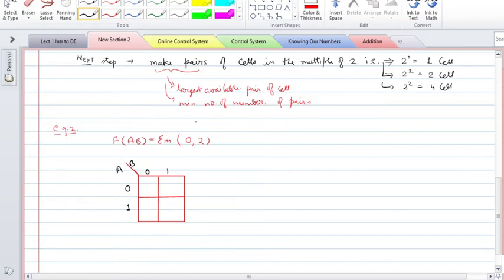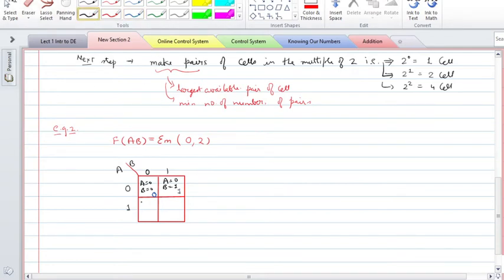When we fill up these values, you can directly write them. For this cell, A is equal to 0 and B is equal to 0, which gives the decimal value 0. Similarly, for this cell A is 0 and B is 1, so the decimal value is 1.